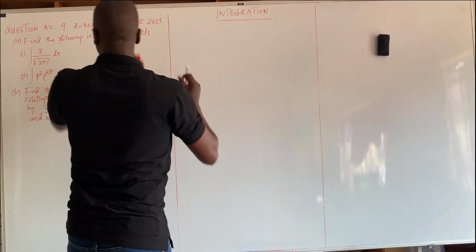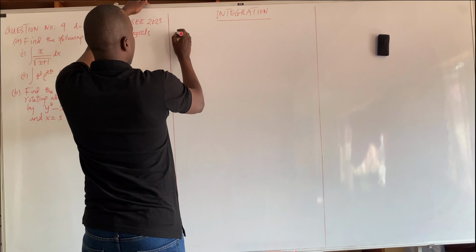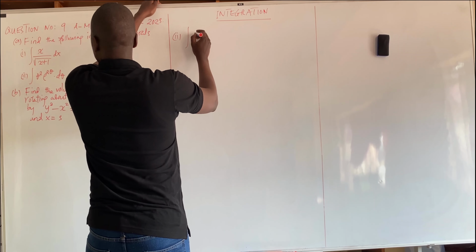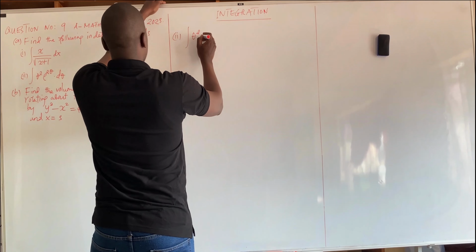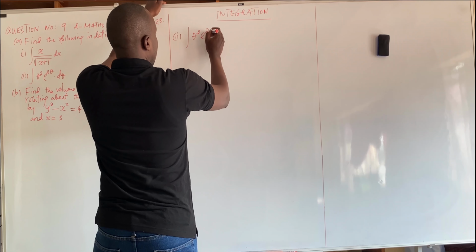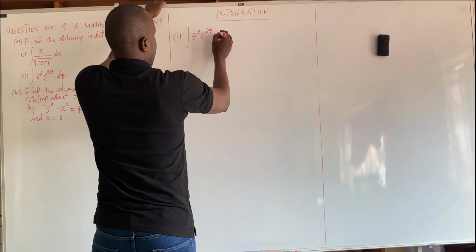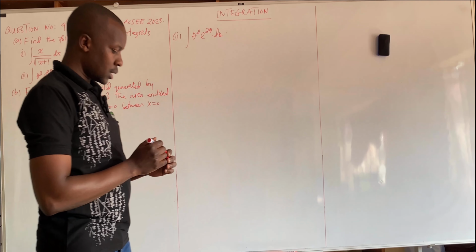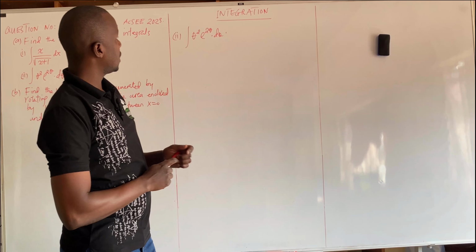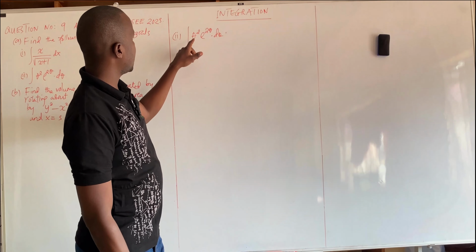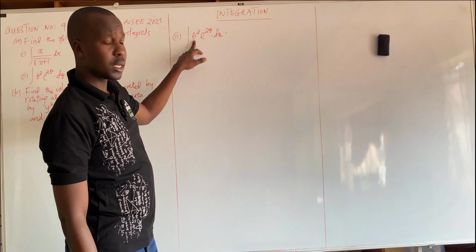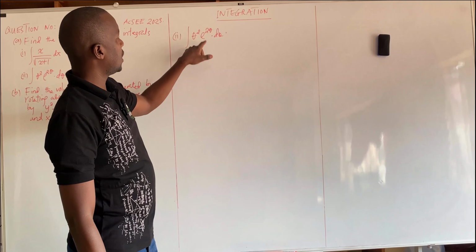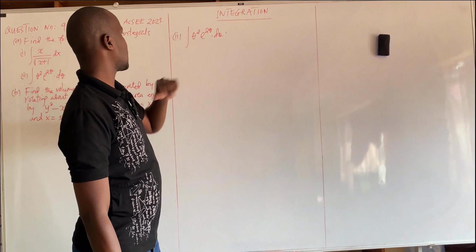Now in Roman 2, we are told to integrate theta squared, Euler's number raised to 2 theta, with respect to theta. This is the combination of an algebraic function and an exponential function.